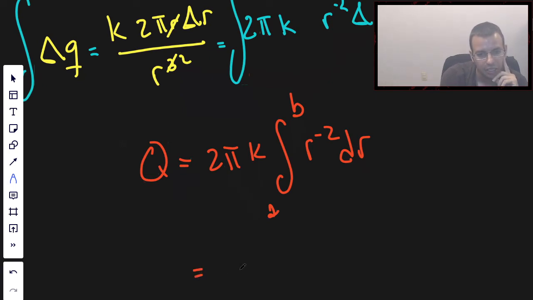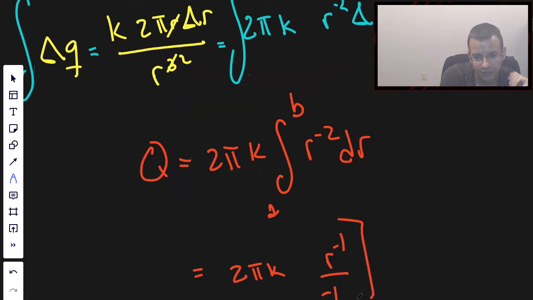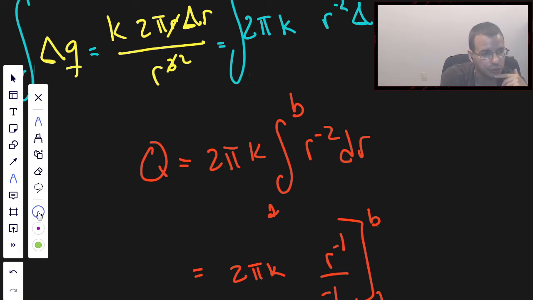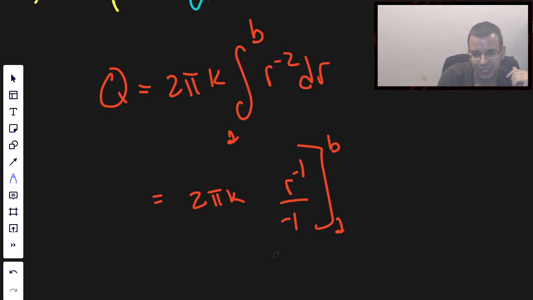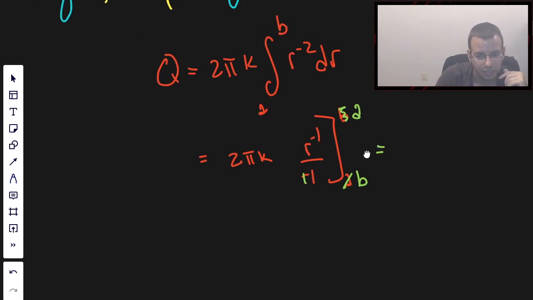And so then this becomes 2 pi K R to the negative 1 over negative 1, evaluated from A to B. What I'm going to do then is get rid of the negative to flip the limits of integration. So now we're going to go from B to A. And this gives us, actually I'll do it down here.